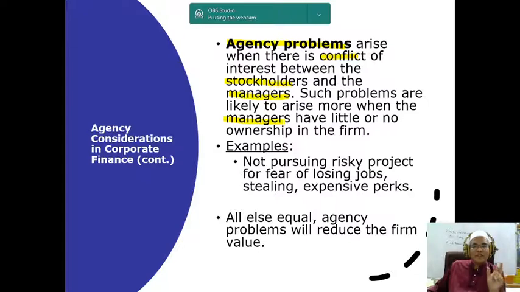Conflict between owners and managers. Then the agency problems will arise when it's a conflict between the stockholders and the managers, between owners and agents.